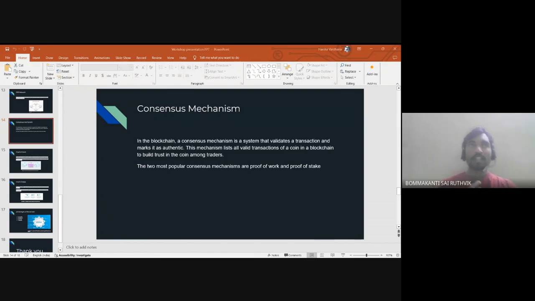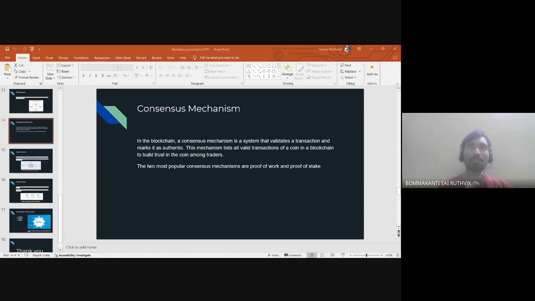We do a transaction, and one block will be added to the entire blockchain. But then which node will add it? To solve this problem, we use consensus algorithms.